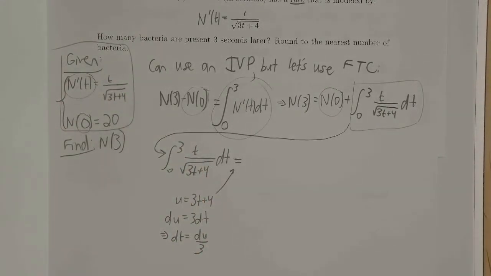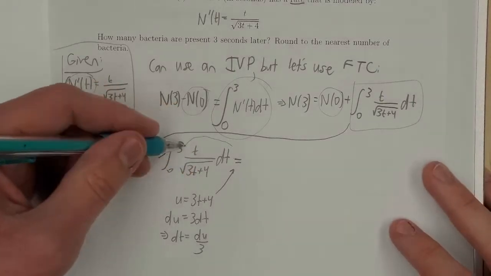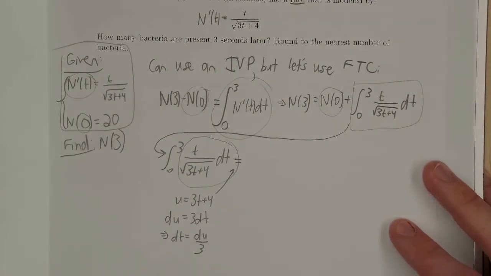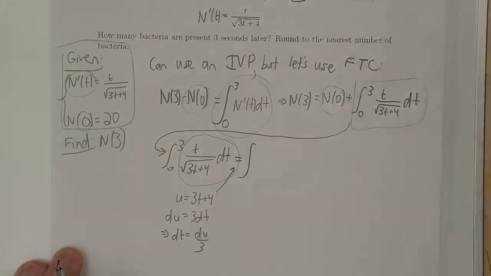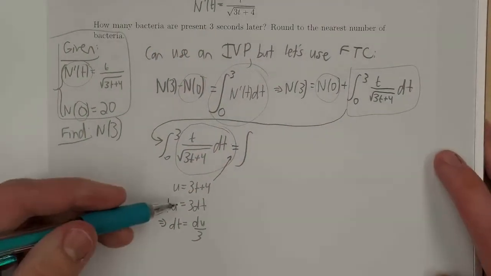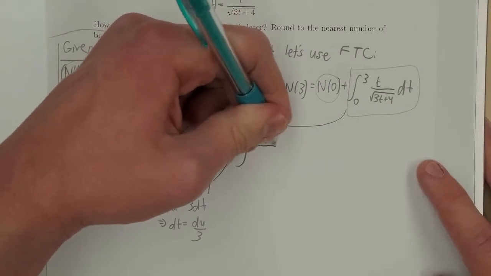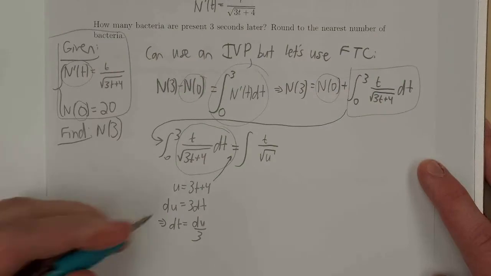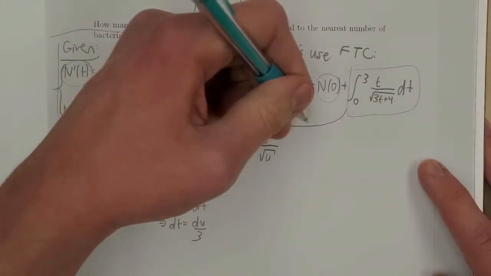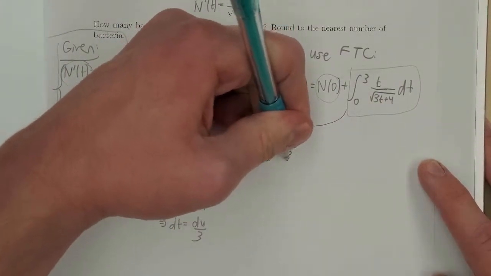Now, we will have to change the bounds, but let's focus on just the integral for a bit, because there's something you might notice. What you'll notice is that we have t over the square root of u, because that's what 3t plus 4 is equal to, and then we have du over 3.